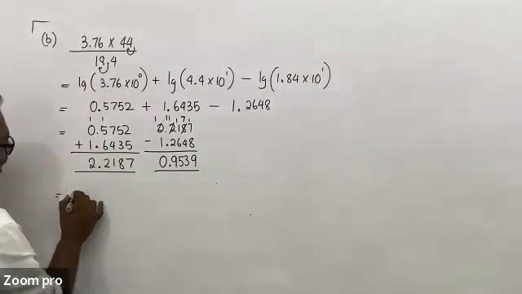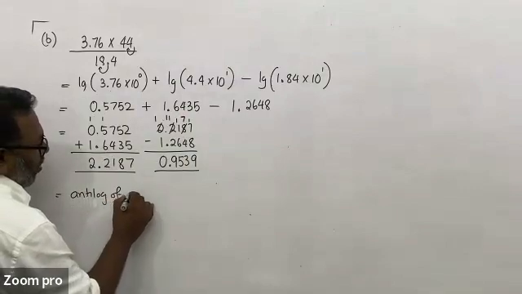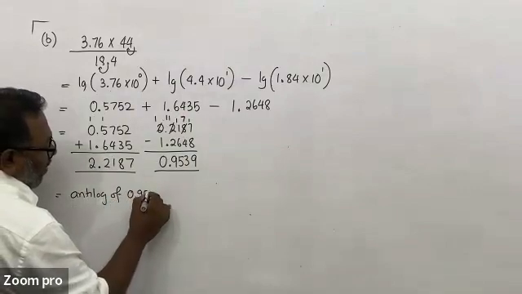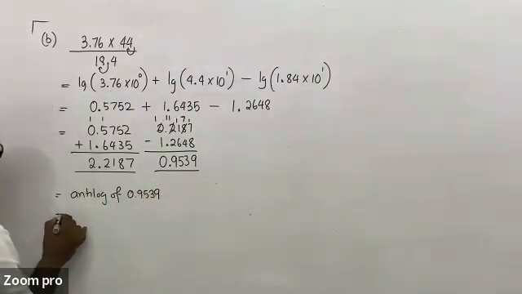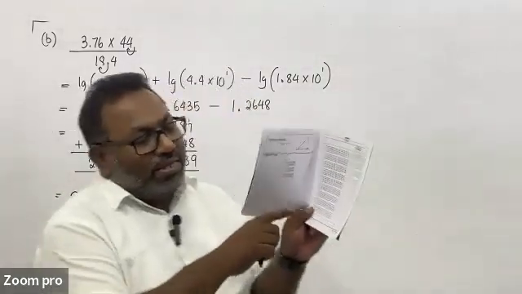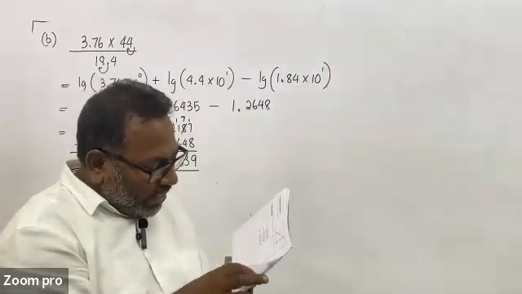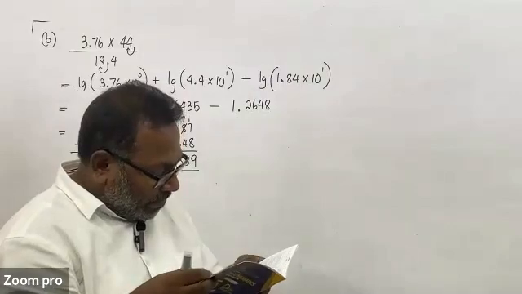You have to find the anti-log of 0.9539. Right? So how do you find the anti-log of 0.9539? This time you go into the body of your log. So 9539, go and look for 9539.